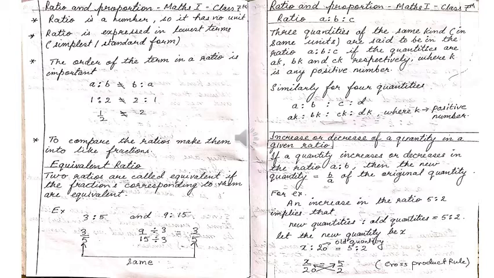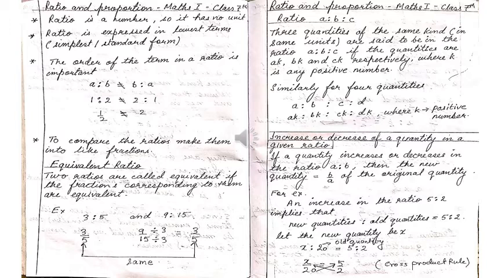An increase in the ratio 5 is to 2 implies that the new quantity is to old quantity is 5 is to 2. Let the new quantity be x. So here x is the new quantity, so it is coming first. X is to 20, that is the old quantity, is 5 is to 2.